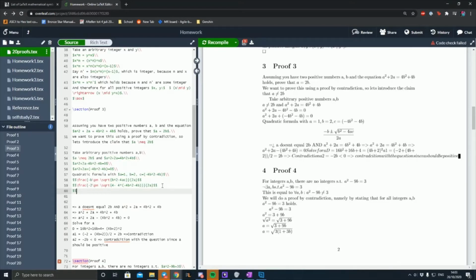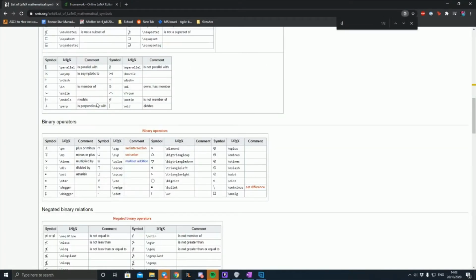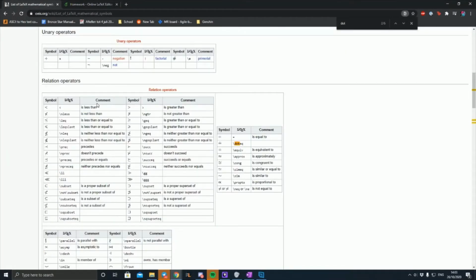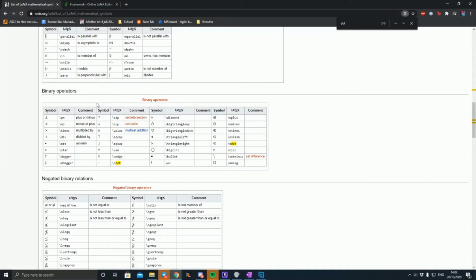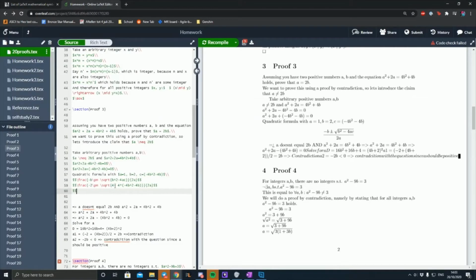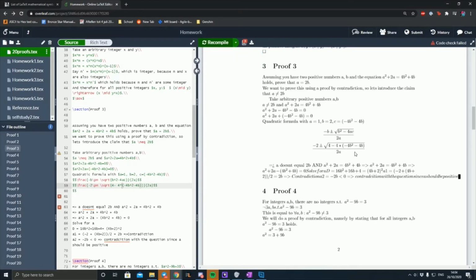So I think you have to use the dot multiplication thing, like c dot. But because Overleaf doesn't actually think that's bad, I'm just gonna keep it like this because we know what it means.